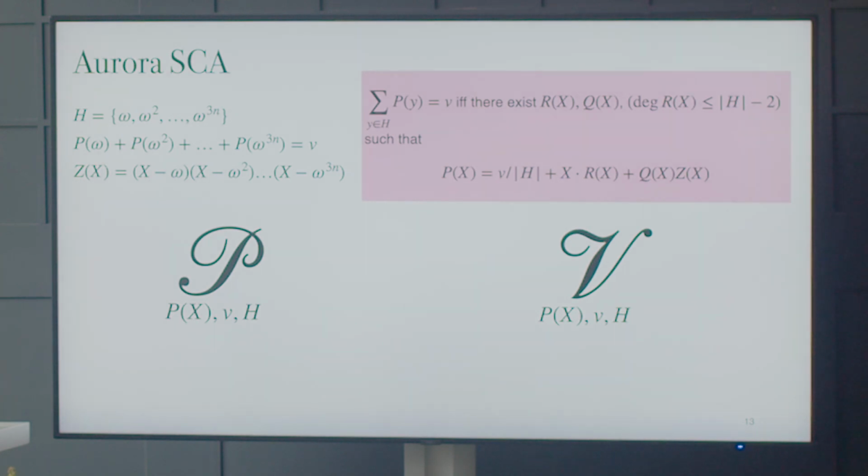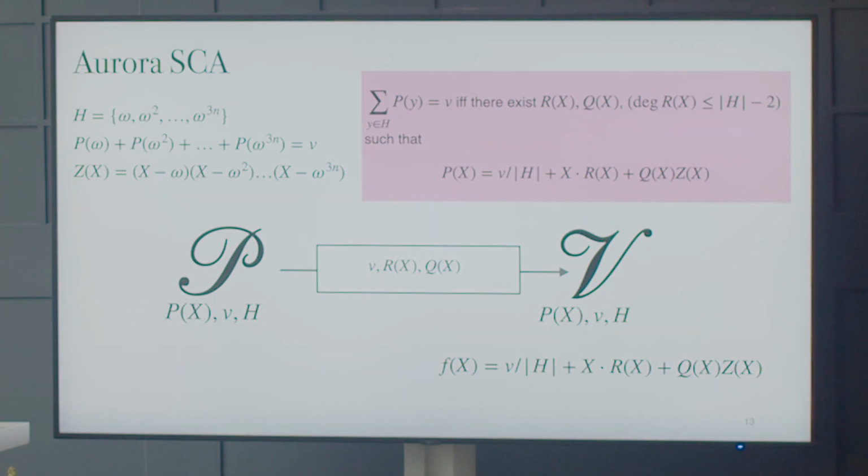Aurora uses the following fact: if the sum over H of p evaluates to v, then there exist polynomials r and q such that p(x) equals v divided by the size of H plus x times r(x) plus q(x) times z(x). So the prover sends the value v, r(x) and q(x), and then the verifier just checks whether this equation holds.